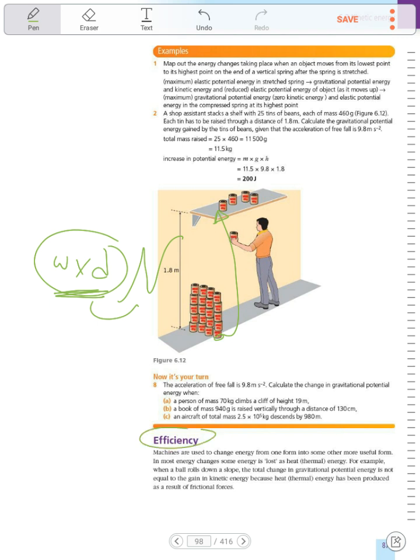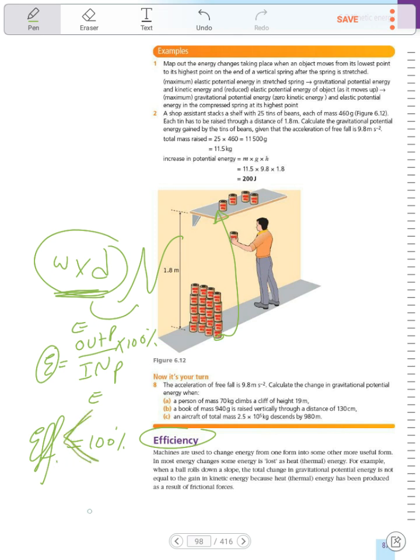Okay, efficiency. Efficiency is a good way to get the relation between output energy and input energy, multiplied by 100%. Output power to input power, or output energy to input energy. All the time, the efficiency value will not be equal to 100%. The efficiency must be less than 100%.